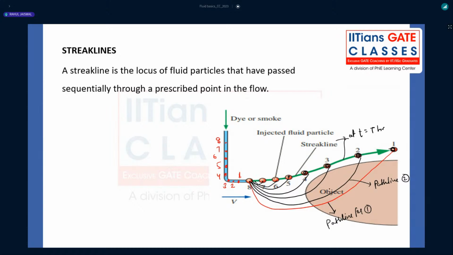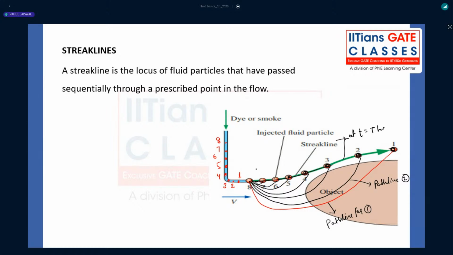Coincidentally, fortunately, all are lying on the same line. The locations of the particles are such symmetrical locations that when you draw from the initial point, it is basically like this, right? Individual paths can be different, but whatever the green line is, that is telling you the streak line at time t equal to capital T hours, right?